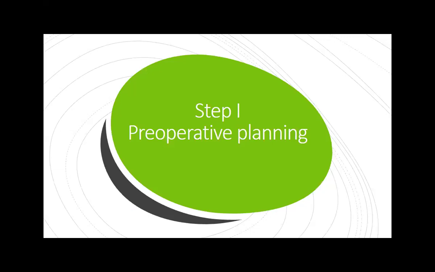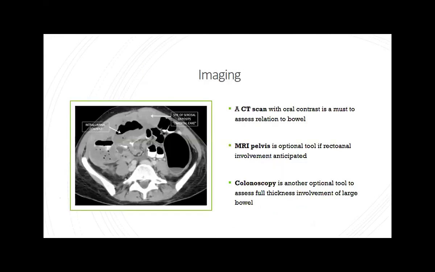So step one is preoperative planning. How do we do that? We need to do a CT scan with oral contrast, and it's very important to give oral contrast if you're going to plan for how much of the GI is affected by the tumor from outside, whether the transverse colon, the rectum, or the small bowel.